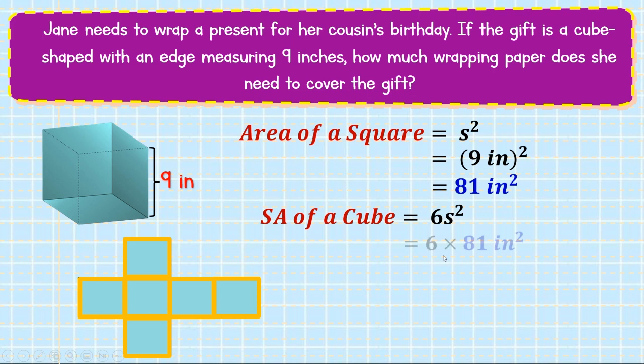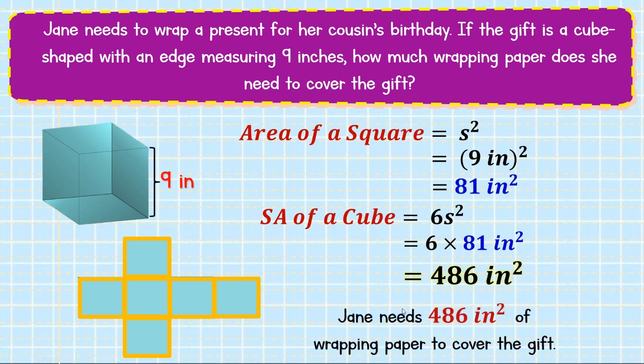Substituting, 6 times 81 square inches. Therefore the surface area of the cube is equivalent to 486 square inches. So Jane needs 486 square inches of wrapping paper to cover the gift.